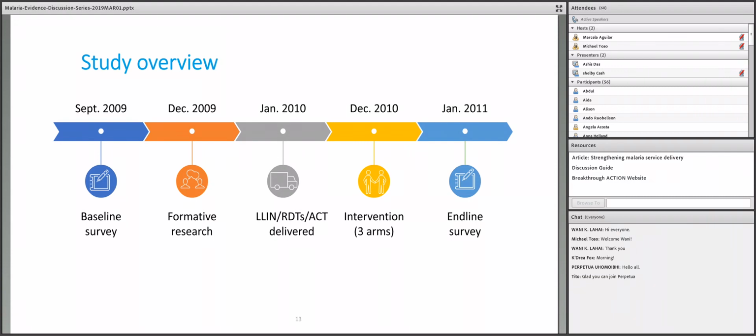After the baseline survey, we did a formative research in December 2009 where we organized focus group discussions and key informant interviews to elicit the reasons behind the behaviors, the behavior communication channels, looking at local media, formal and informal ways of communicating health information.